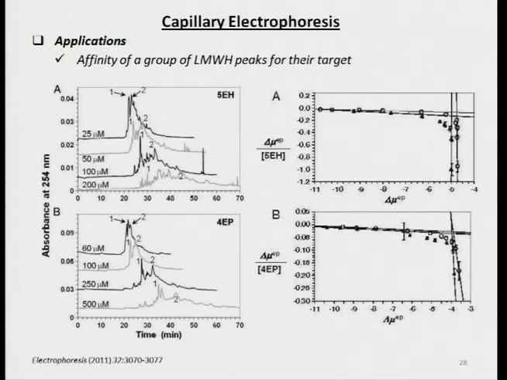It turns out that in this analysis, instead of getting a monophasic Scatchard, you're getting a biphasic Scatchard, which really means that the ligand binds to peak 1 with much higher affinity than it binds to peak 2. This is the higher affinity, this is the lower affinity. So capillary electrophoresis turns out to be a fairly useful technique.